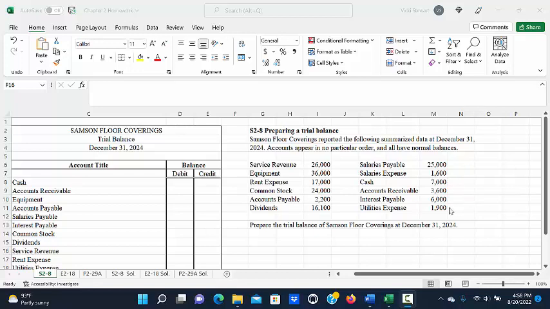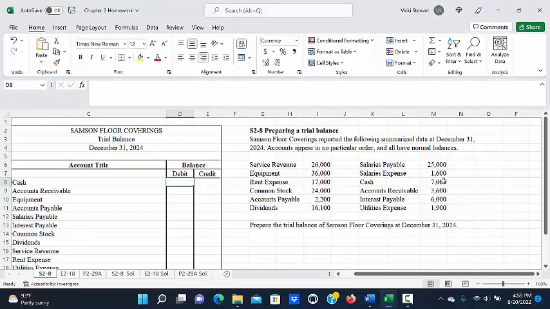And then after you get each one of them labeled, you can put your accounts in, and then you'll be ready to enter their balances in either the debit column or the credit column. So to save a little bit of time, I've gone ahead and put the accounts in the correct order in the trial balance, and now we're just going to determine where their balances go.